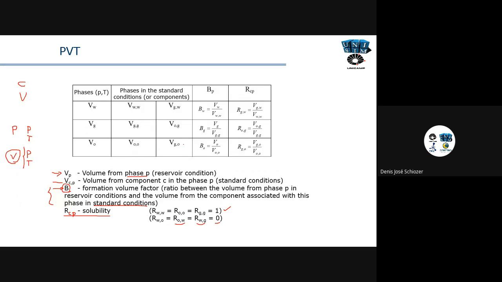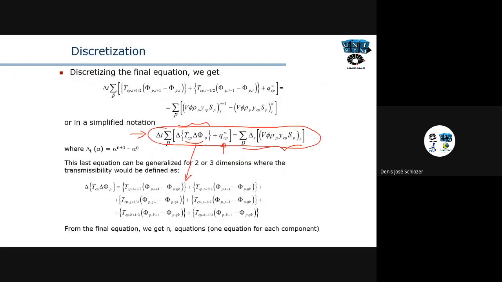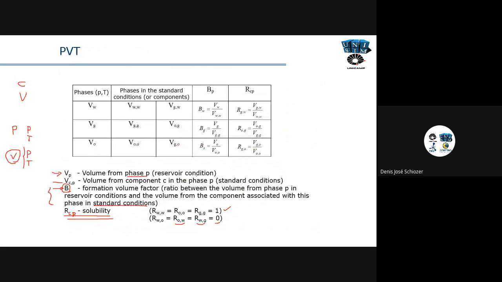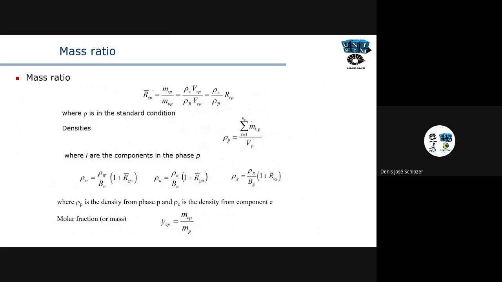So what we have in laboratories are the formation volume factor, the solubility, and so on. So we are converting this nomenclature into the black oil nomenclature here, okay? So it's not important, but we are writing here the solubility in terms of solubility of the component in the phase. Then we have to consider the density of the phases.